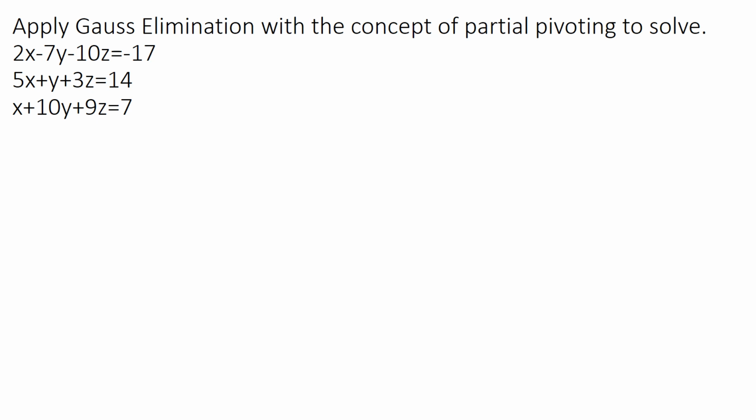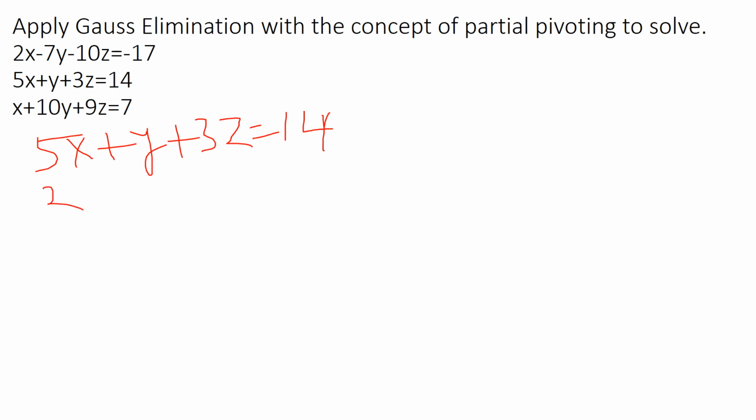and we can identify our pivot equation to be the second equation, which is 5x plus y plus 3z equals 14, and then the other equations stay the way they are.